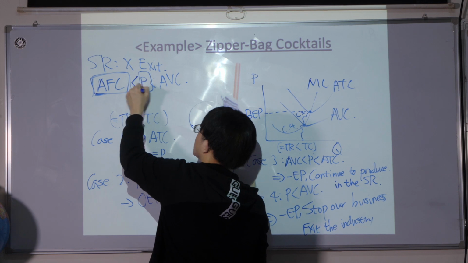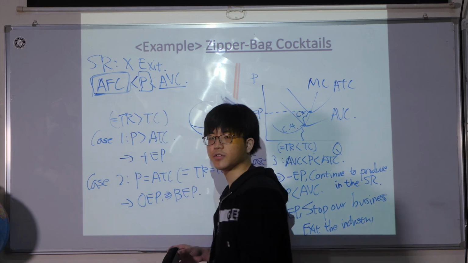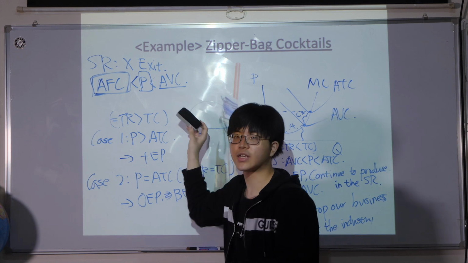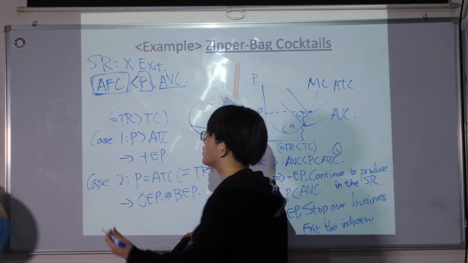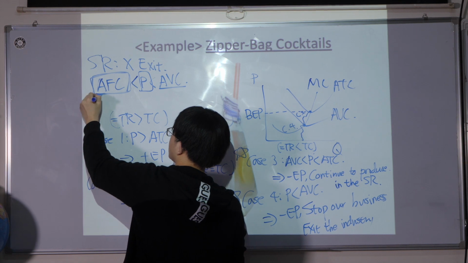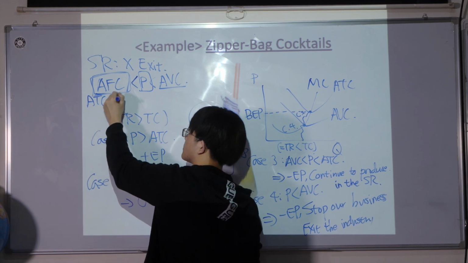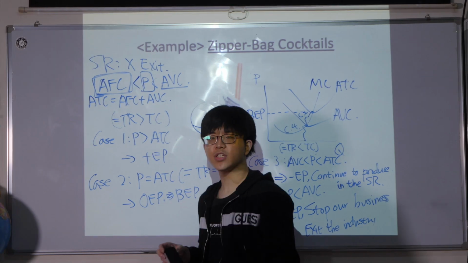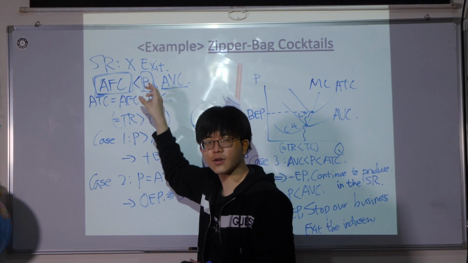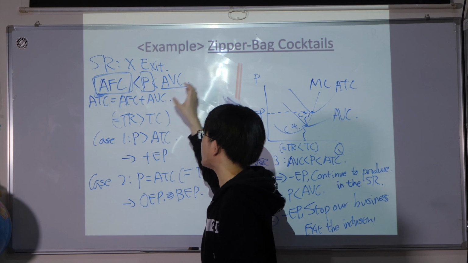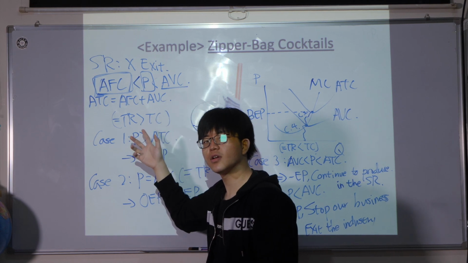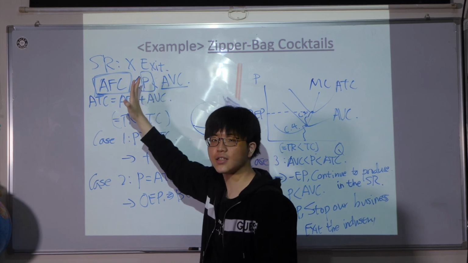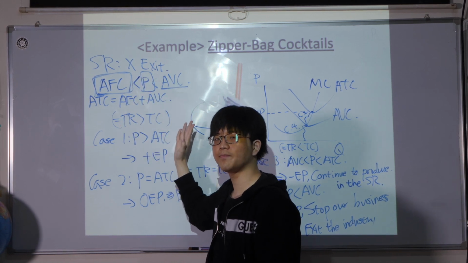So this price does not cover average variable cost, but you need to pay average variable cost as well when you produce. So what you need to pay is ATC, right? AFC plus AVC. The price that you can receive will cover average fixed cost, but it cannot really cover average variable cost. Therefore, if you continue to produce, in this case, it is worse off.